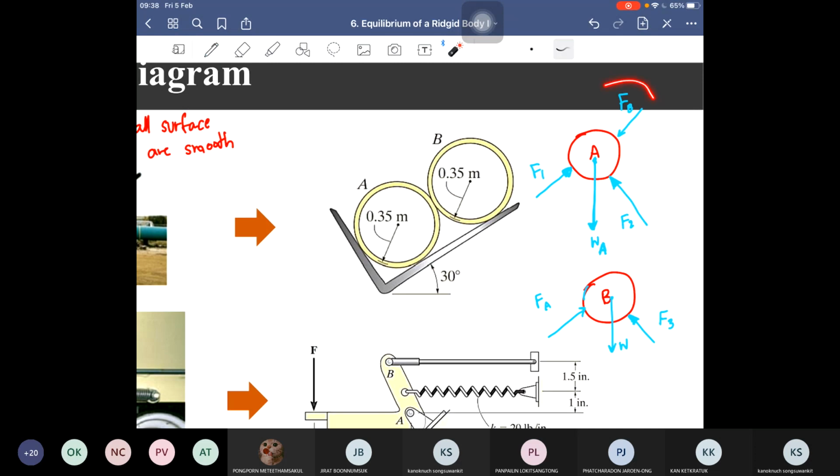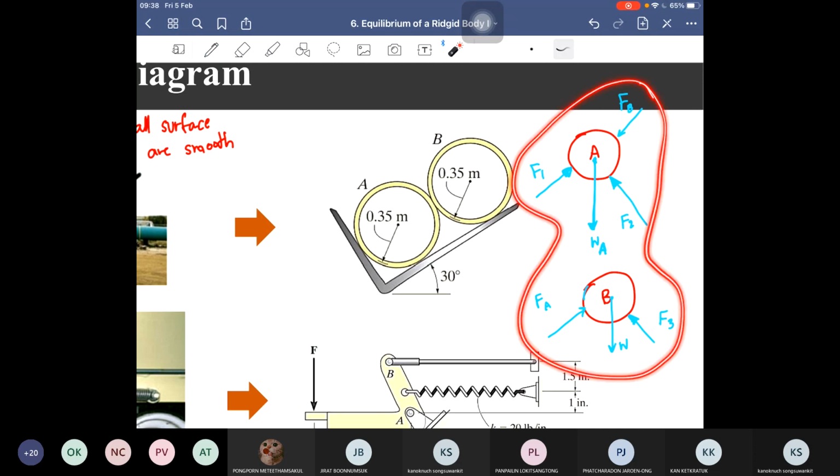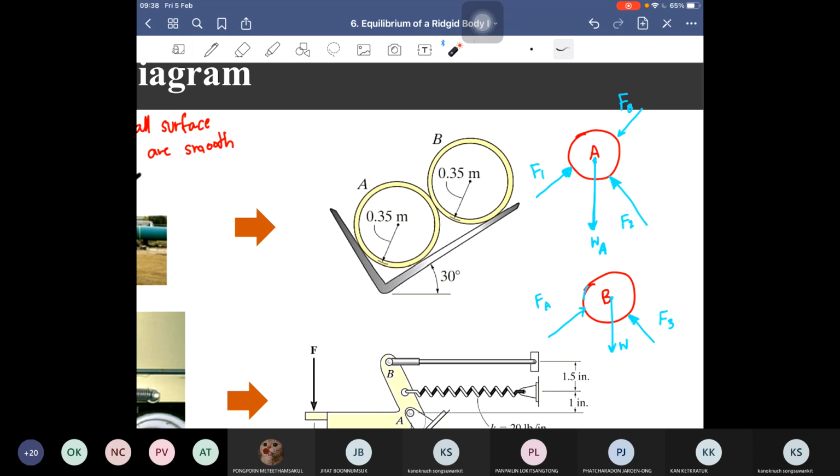So now we have to include these two systems together. Okay, you can see that FB that acts on A and FA that acts on B are in different directions but of the same amount. So these two forces cancel each other and can be considered as internal forces. So we don't have to care about it.